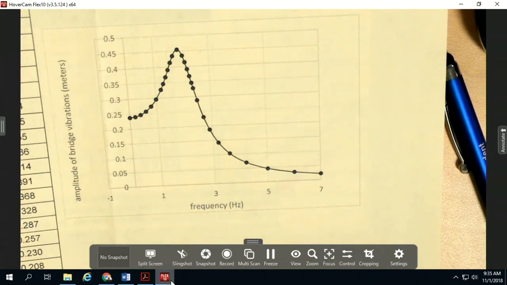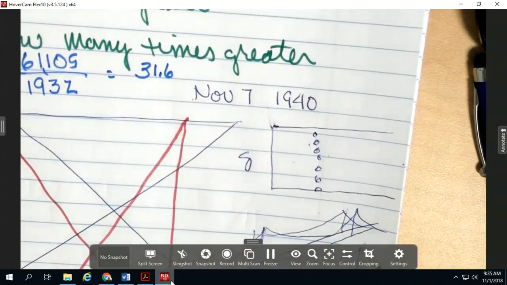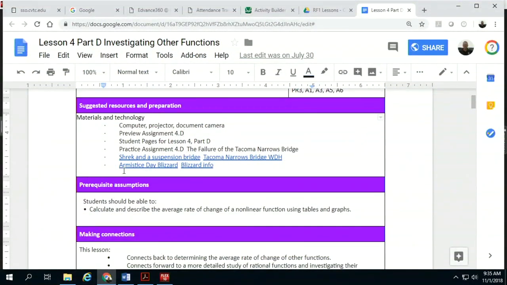So all of those things have a natural frequency. Well, the bridge's natural frequency was just at the right speed for the eddies that were formed that day. And the day was November 7th, 1940. Well, I remembered something. I wasn't around, but I remembered something from around that time.